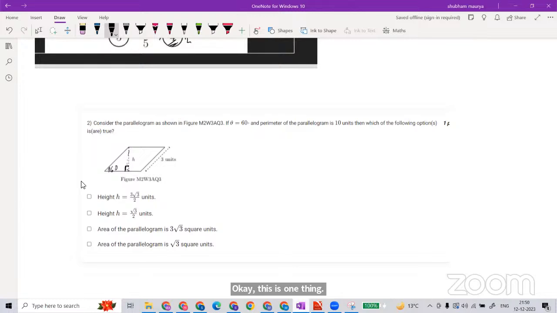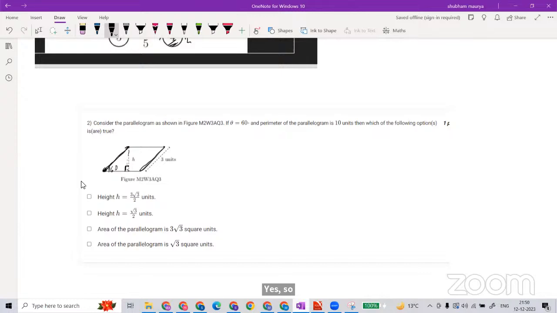And so this is a right angle triangle and this is a parallelogram, no? So whatever this one is there, this is going to be the same, right? Yes, sir.